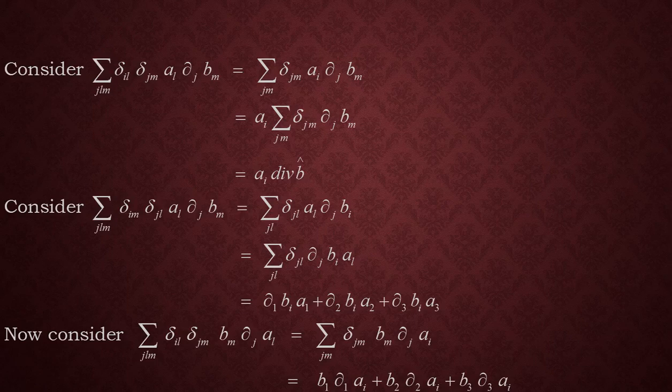Now, let us choose the third part. The part 3 is given by summation over jlm delta sub il delta sub jm bm dou j al. Here we contract delta sub il. That means we have to replace l with i.